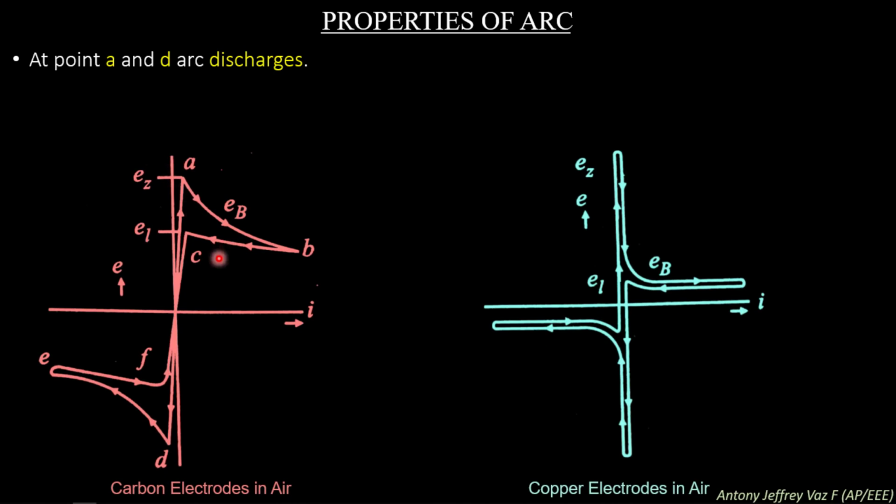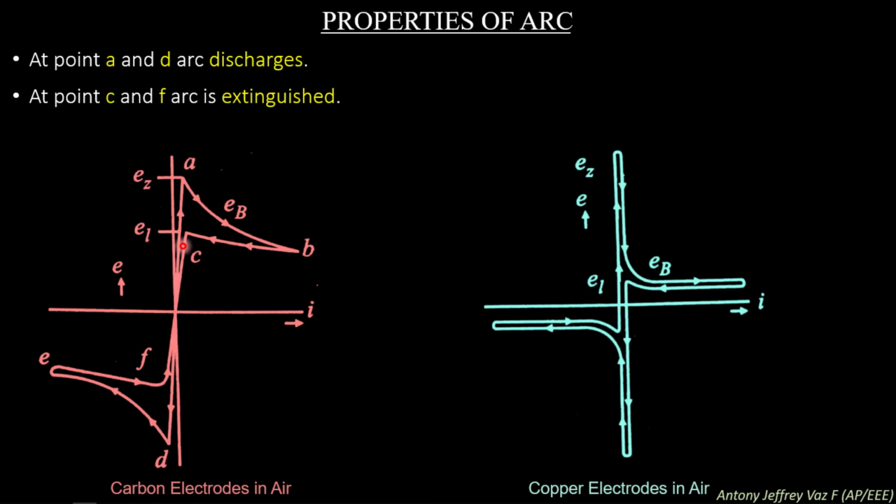The same figures for carbon electrodes in air and copper electrodes in air are taken. At point A and D, the arc discharges. In this figure, in the point A and here in the point D, the arc gets discharged. Similarly, at point C and F, the arc is extinguished. You can see the point C and point F over here.